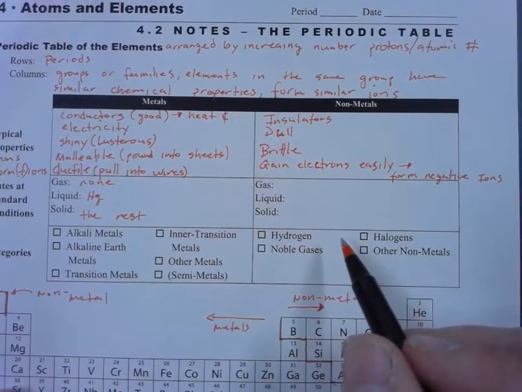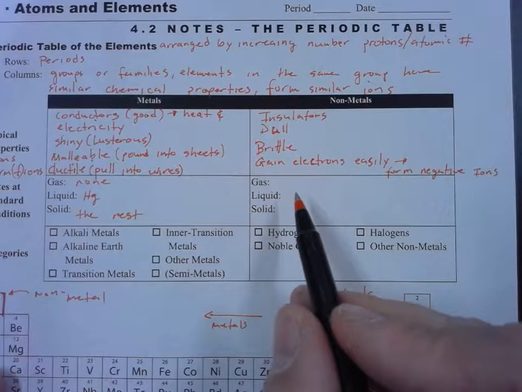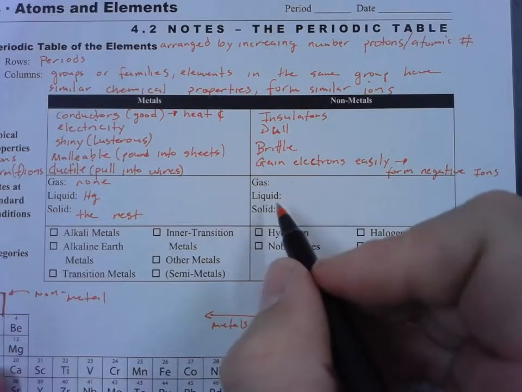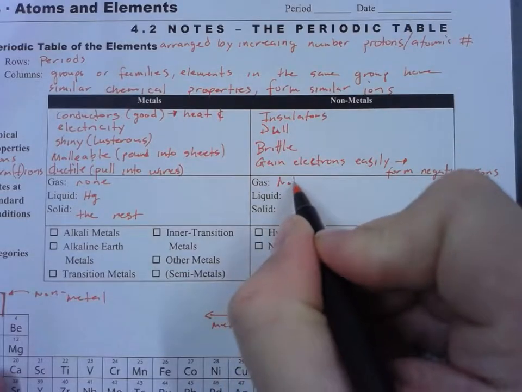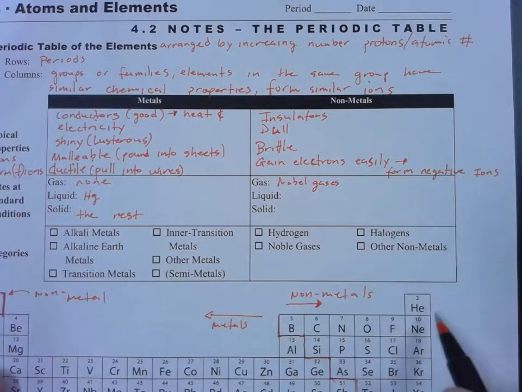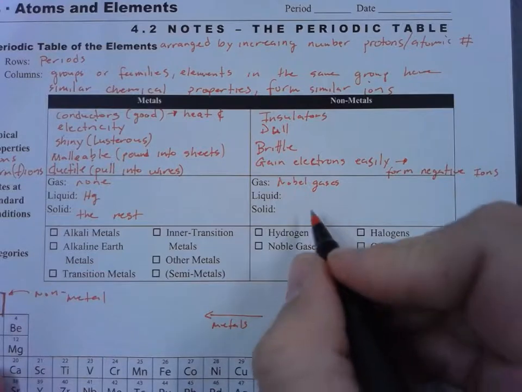In standard conditions, the nonmetals that are gases are the noble gases and hydrogen. Oops, sorry, there's a few more. There's the noble gases, and these guys right here are the noble gases in this group. I'll label that in a second.